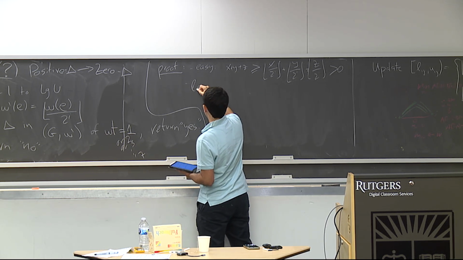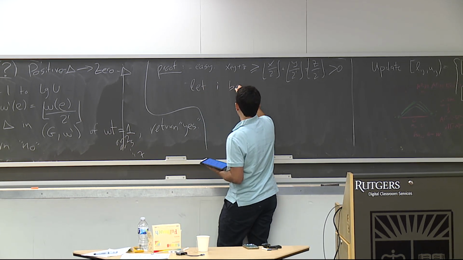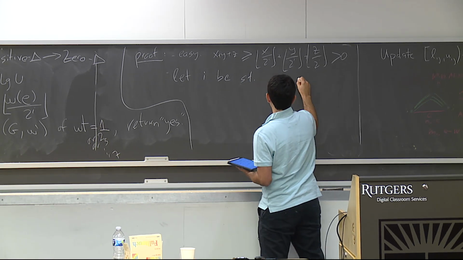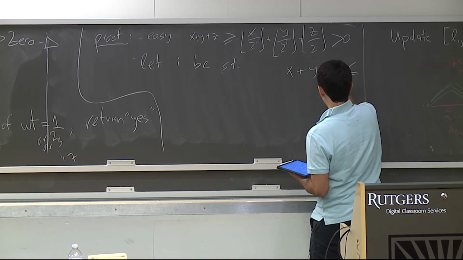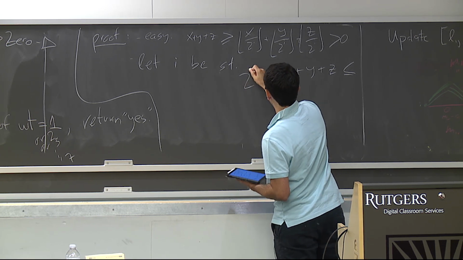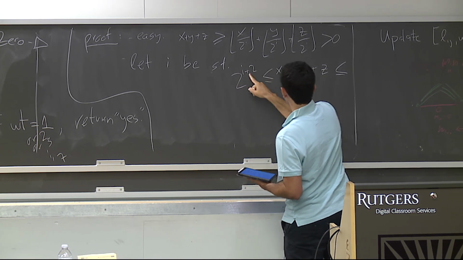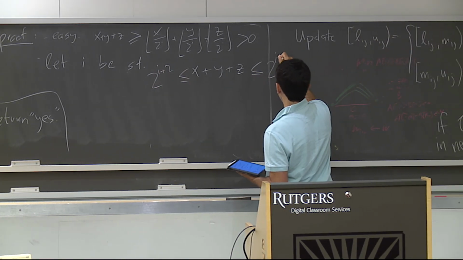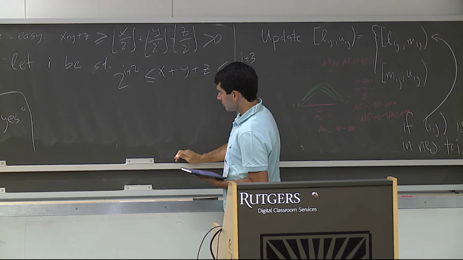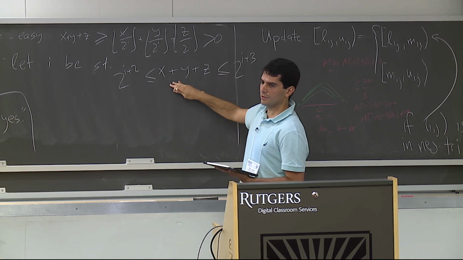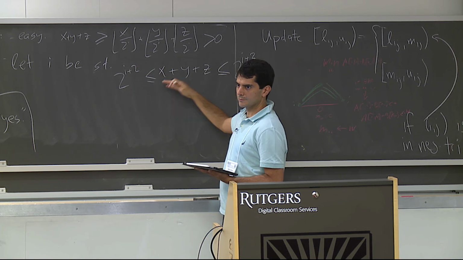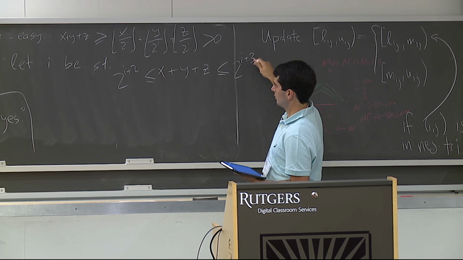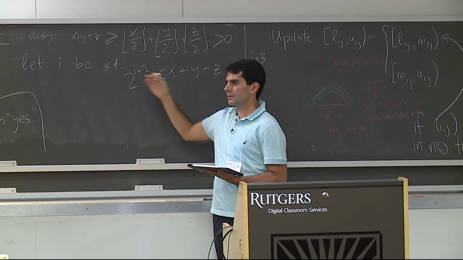So let I be such that the sum is between 2 to the I plus 2 and 2 to the I plus 3. This is some positive number, so it's at least 2 to the I plus 2 for some I, and at most this. You look at the multiples of 2 and it's somewhere there.